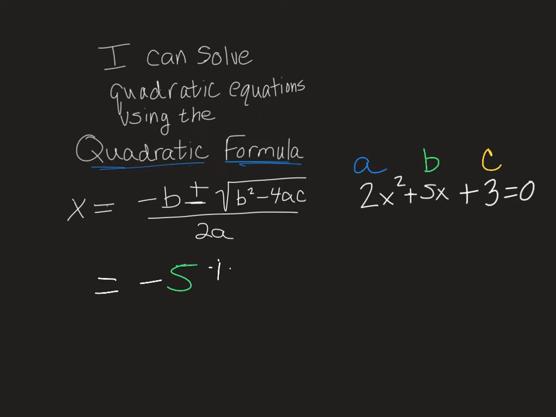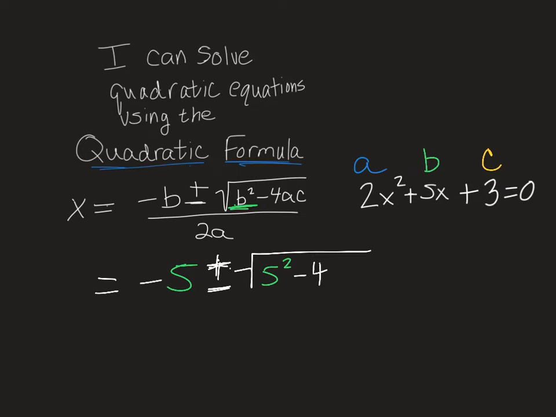plus or minus, and square root is still always just part of the formula. And then b squared, so again, we're going to square b. Well, that's going to be 5 squared, so I'm going to just put that in there right now. Minus 4. 4 is always part of the formula no matter what.